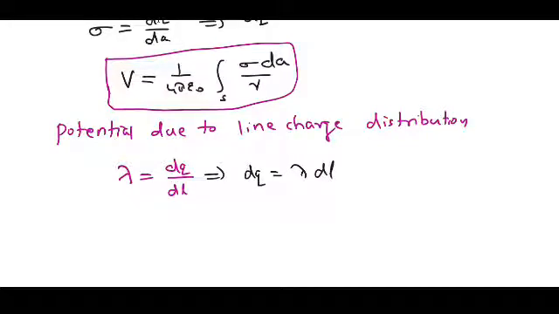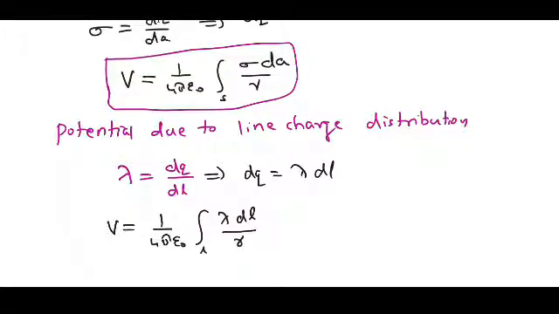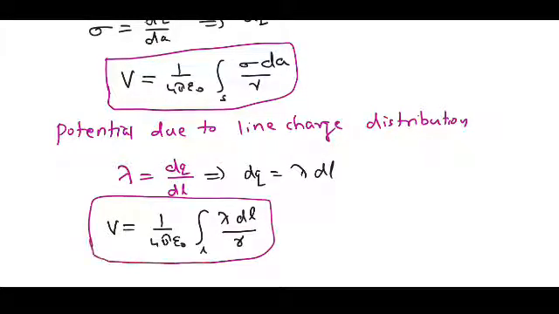The potential due to the line charge distribution can be written as 1 by 4 pi epsilon 0 integration lambda dl divided by r. We will find out the electric potential due to the volume charge density, surface charge density and linear charge density distributions later.